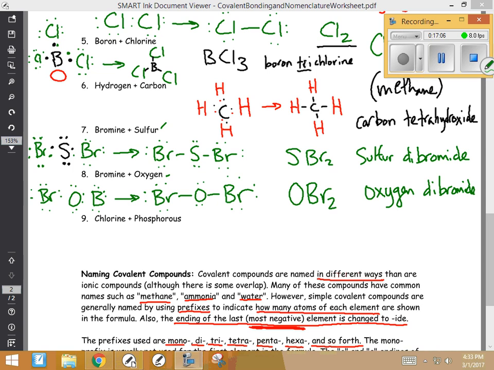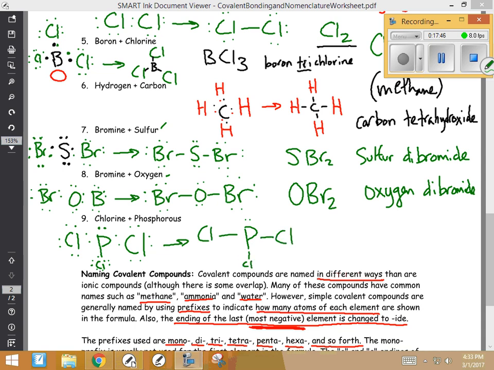And the last one, chlorine and phosphorus. In its most general form, phosphorus is going to have how many valence electrons? 5. It is in group 15, so it has 5 valence electrons. 1, 2, 3, 4, and 5. And you know what's going to happen. I think this is probably pretty plain to see to you by now. And what we have is phosphorus with 1 unshared pair and 3 chlorines attached.